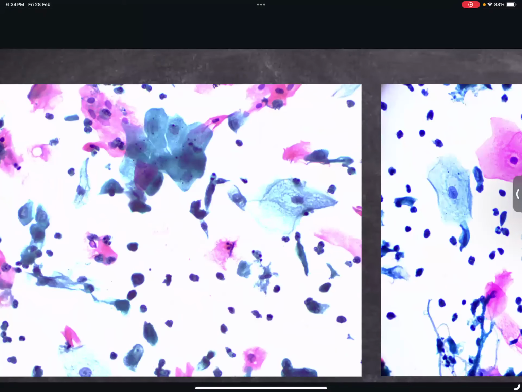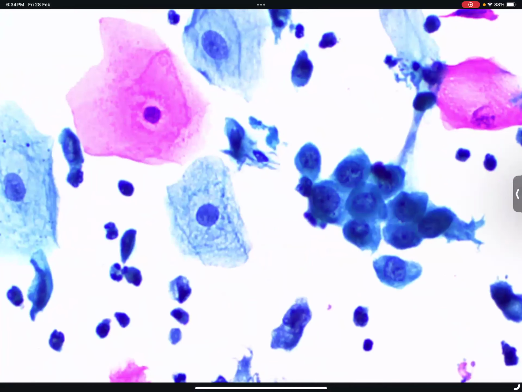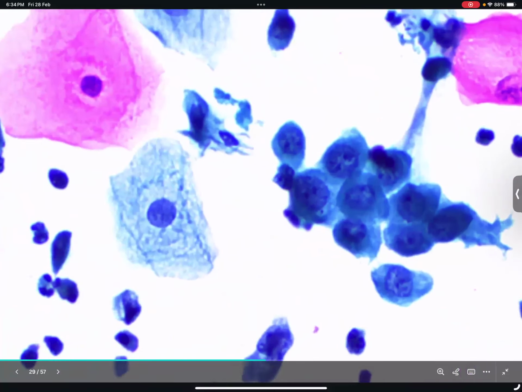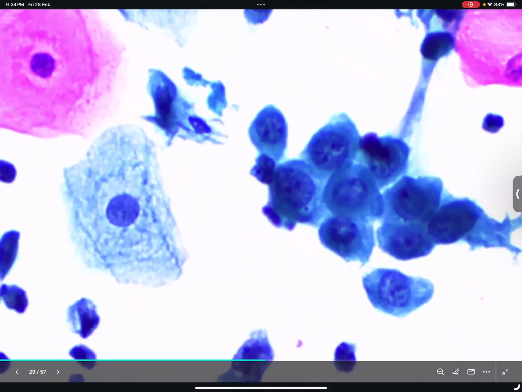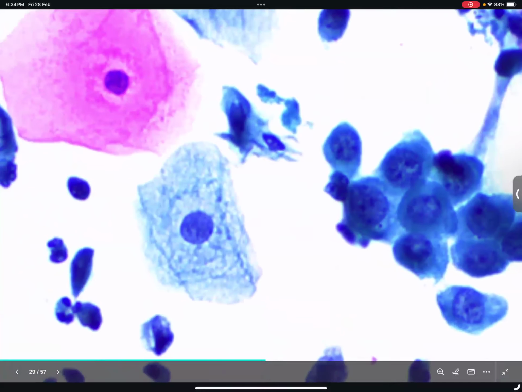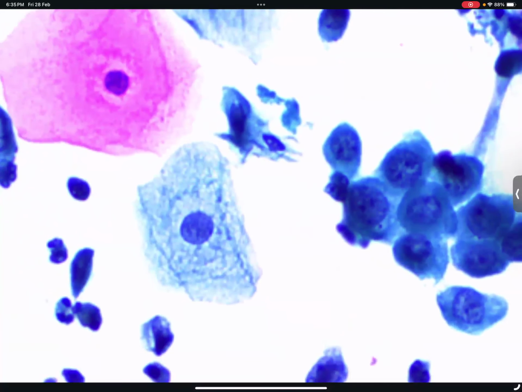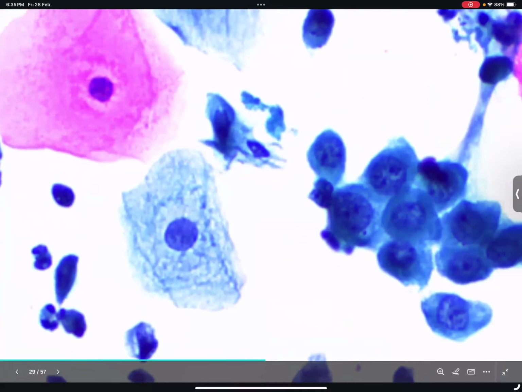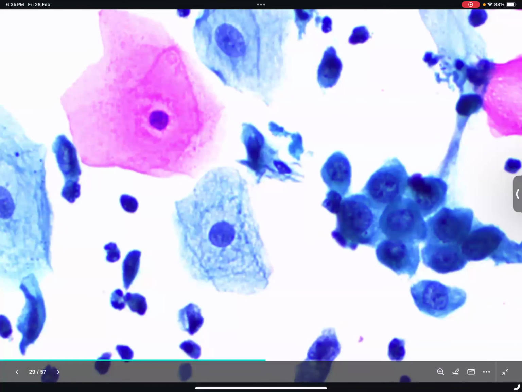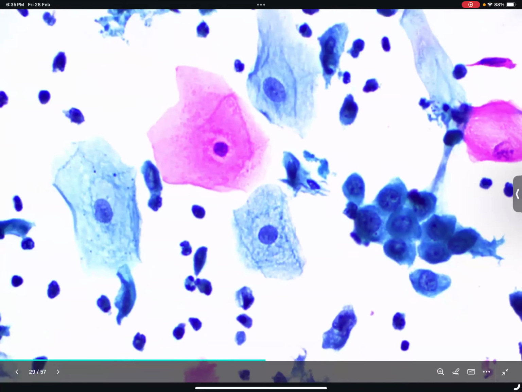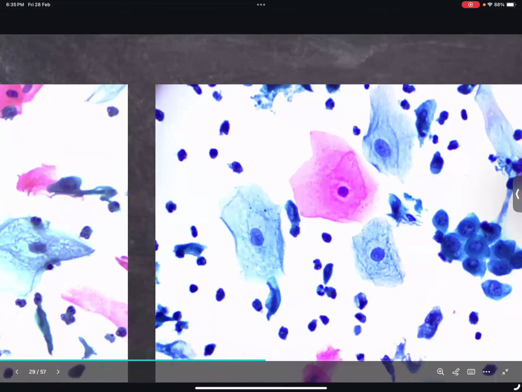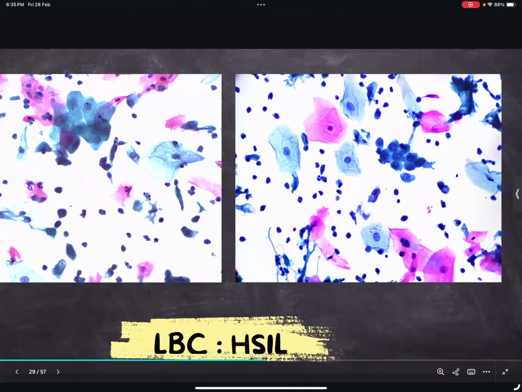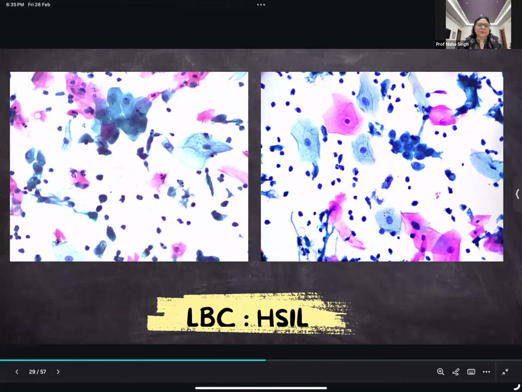In this next smear, the nuclei show hyperchromasia, clumped chromatin, irregular nuclear chromatin, with a few normal superficial and intermediate cells also seen. Because there is marked to severe nuclear pleomorphism, hyperchromasia and irregular nuclear abnormalities, this case was signed out as HSIL. Thank you, ma'am.